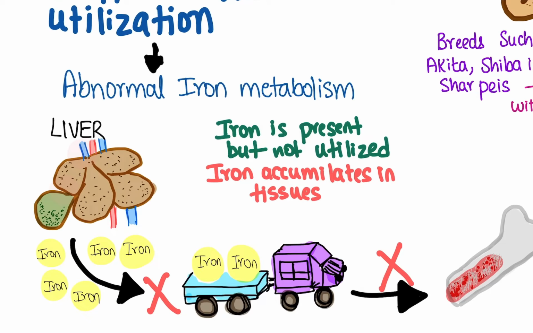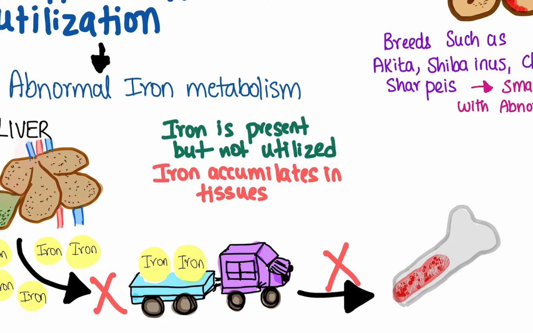So if you see this picture, you have this liver. It synthesizes transport protein, and this transport protein will actively bind with iron and transport it to different cells that need iron.